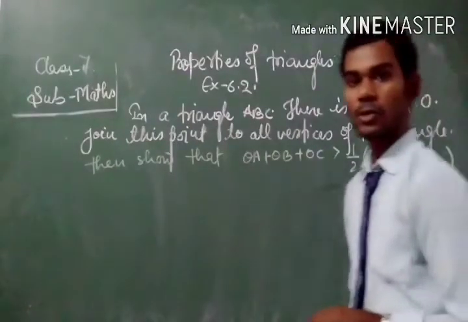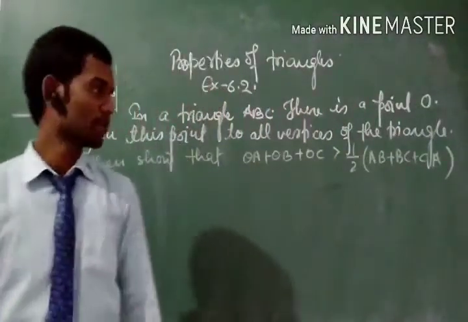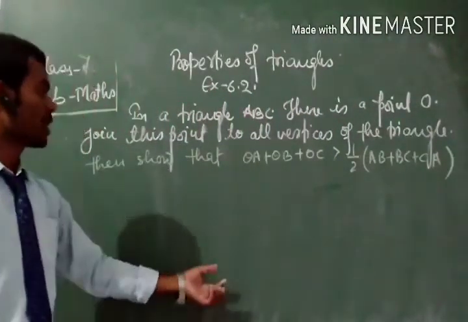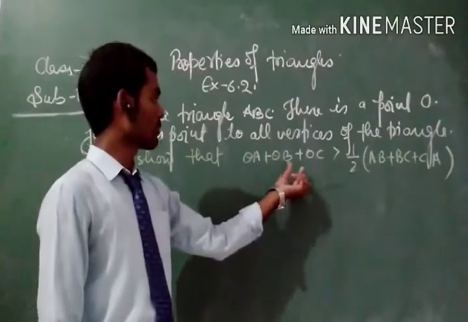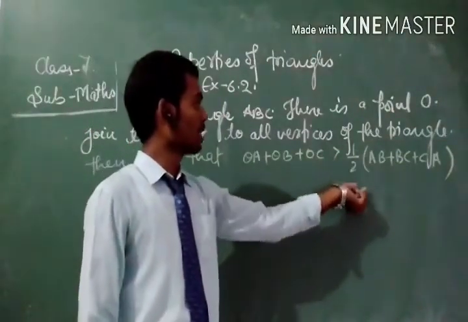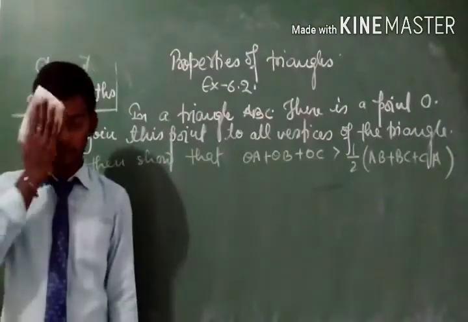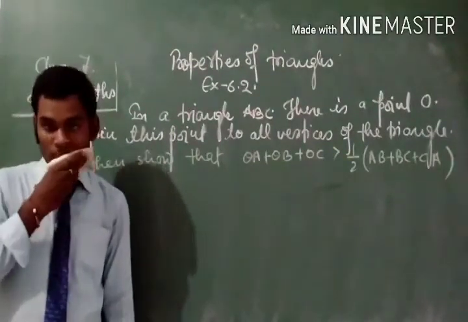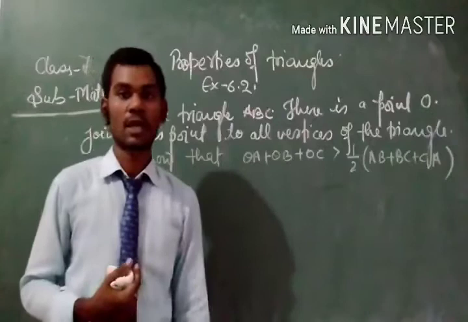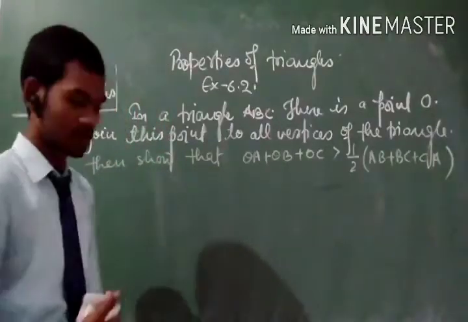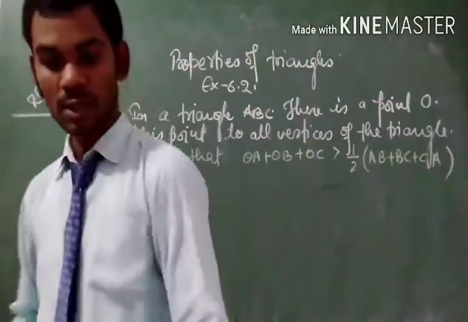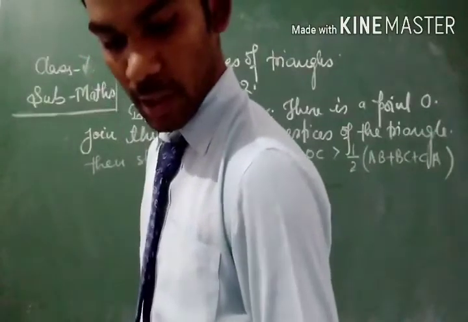Okay, student. So this is the question, and we have to prove that OA plus OB plus OC is greater than half of the sum of all sides of the triangle. So let us start the solution. In order to solve the question, first of all, let's draw the figure.